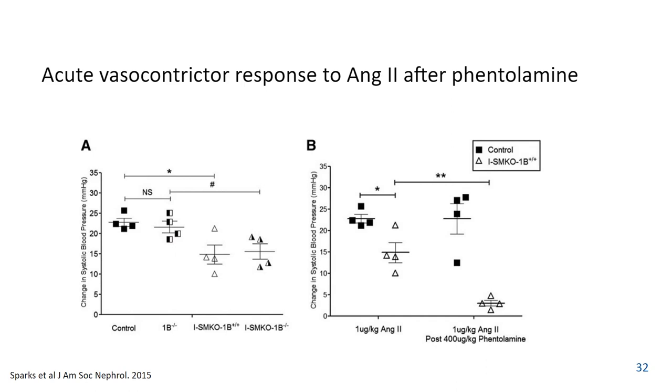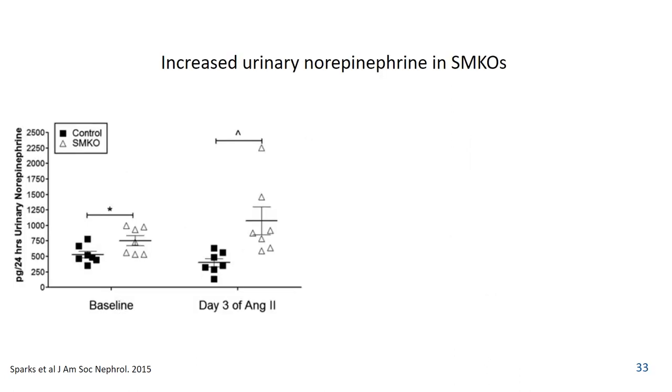As you can see, when we did that, we had really almost complete absence of any vasoconstrictor response in the mice that we gave that to, indicating that there likely was an enhanced response of the sympathetic nervous system. This response is likely mediated by angiotensin II receptors in the brain, because the global knockout mice do not have this response.